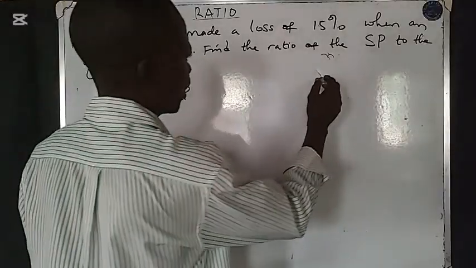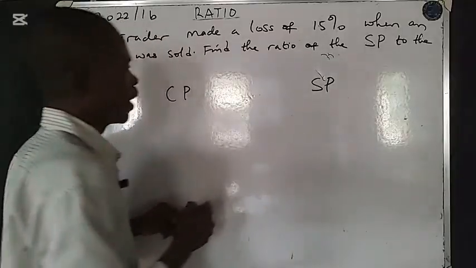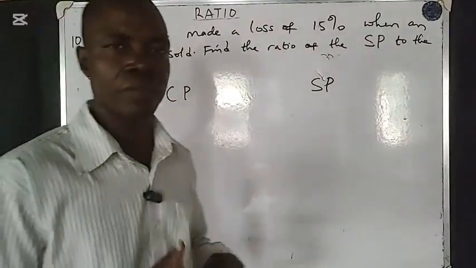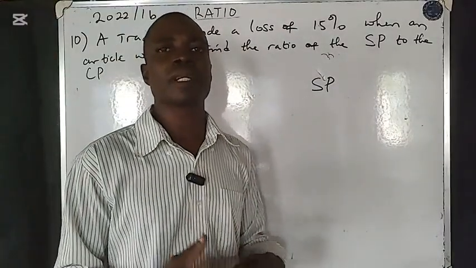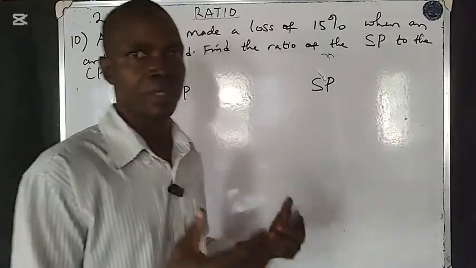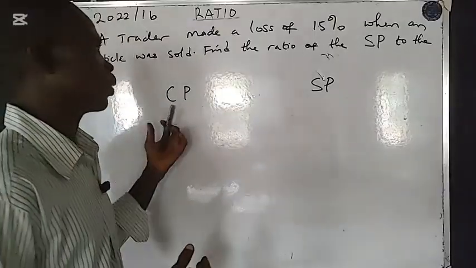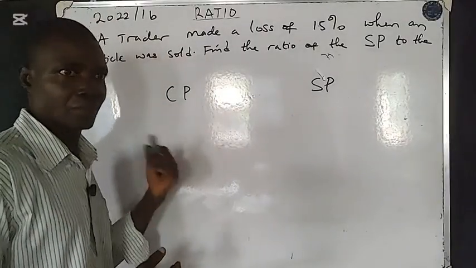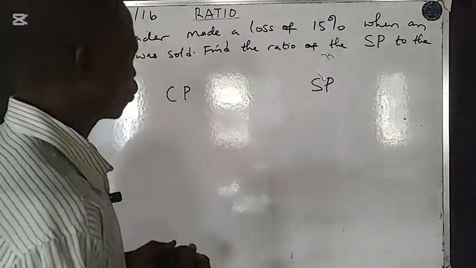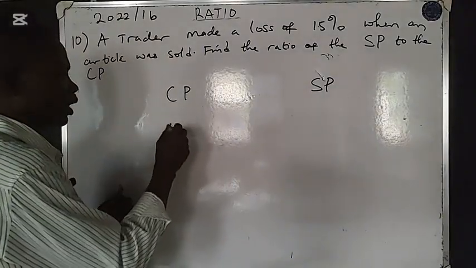CP, we have CP here, we have SP here. The amount you buy something is always 100%. The initial amount is always what? 100%. So we take this amount to be 100%.